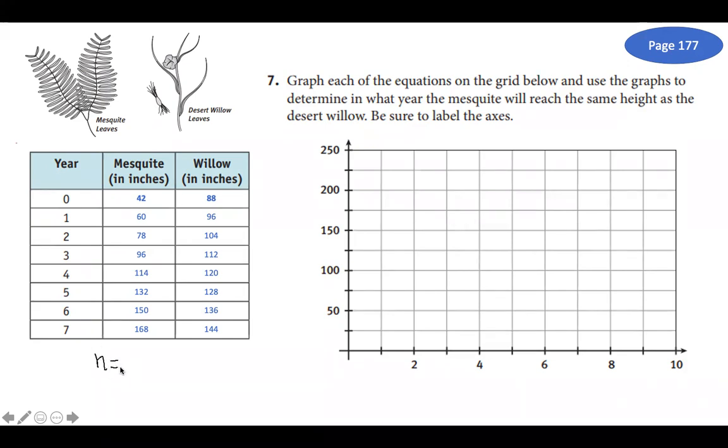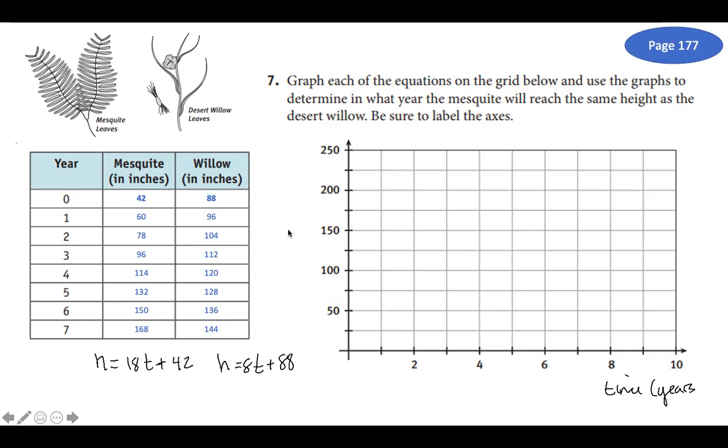So we had, for the mesquite tree, h equals 18t plus 42. And for the willow, we had h equals 8t plus 88. On the horizontal axis, our input, this is time in years.